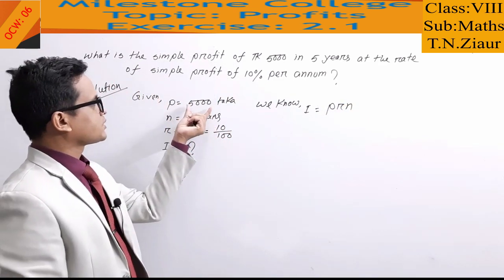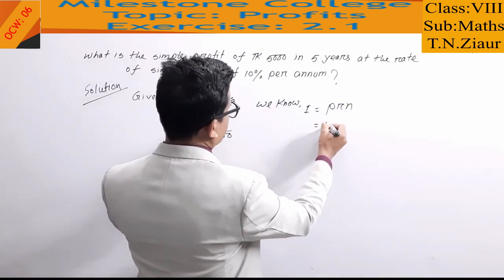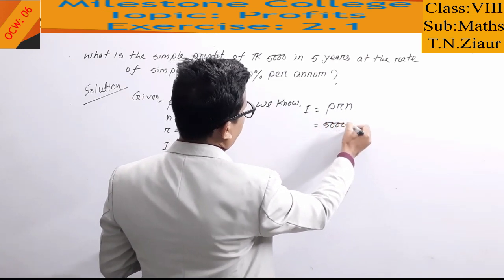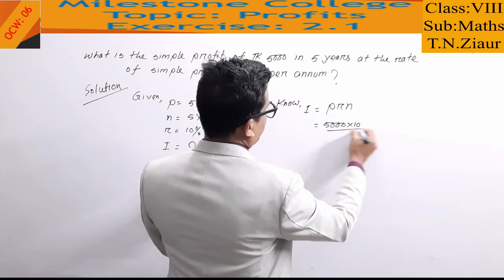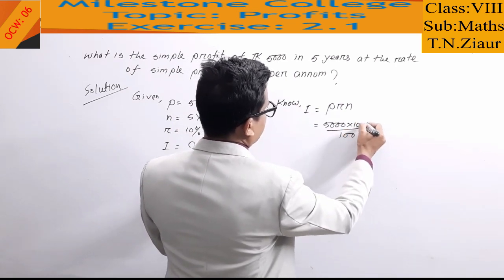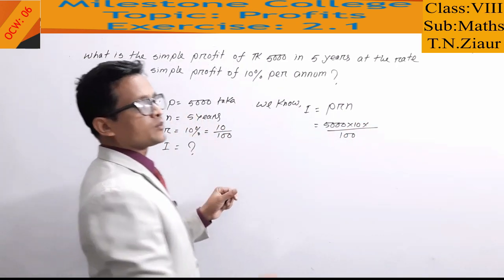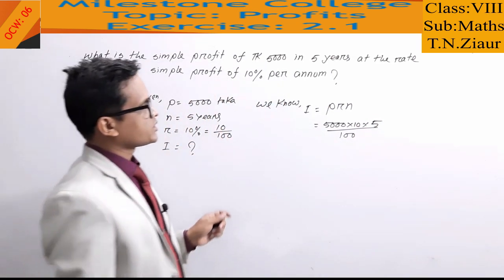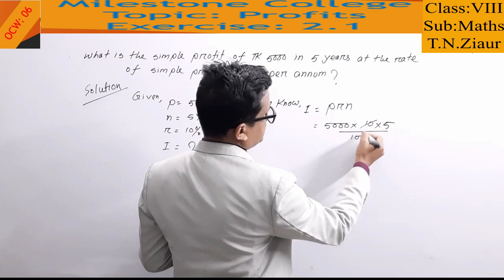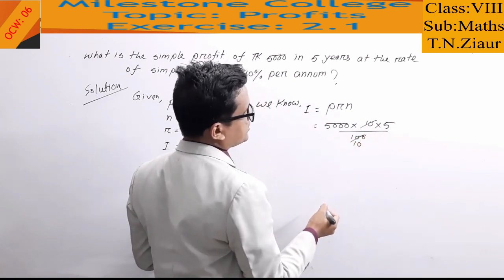So just place the value of P. P is equal to what? 5,000. R is equal to what? 10 by 100. So 10 by 100 into N is equal to what? 5 years, right? Just write 5 years. So now solve this one. So 10 10s are 100, right?